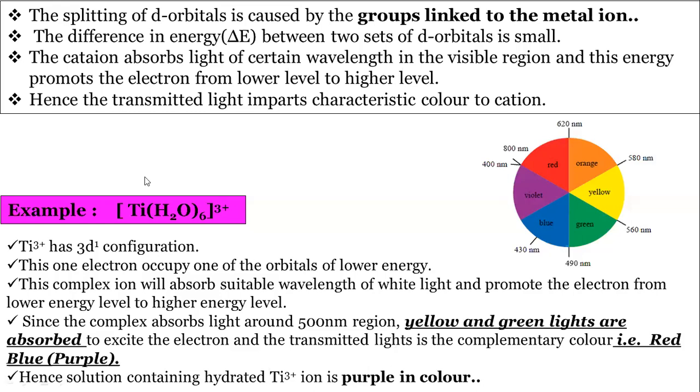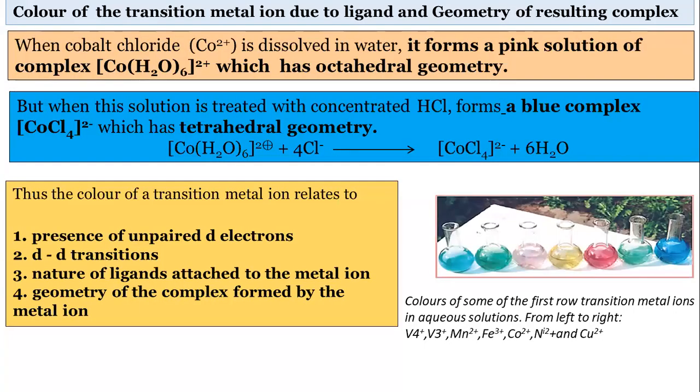This example will not be asked in the examination because it is not given in your textbook. Whatever examples are given in your textbook will be asked, but for your understanding I have given this example. And then I am coming to the color of the transition metals. 2 minutes are remaining.